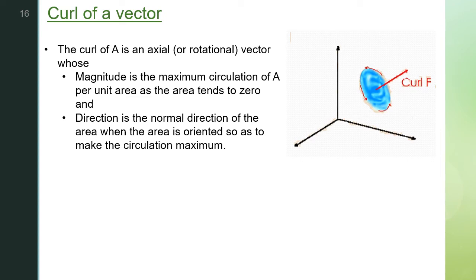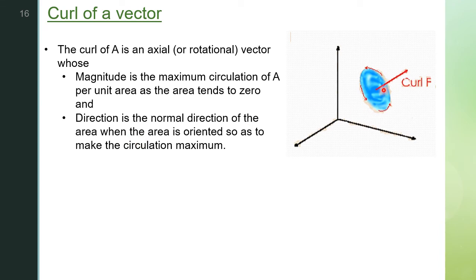If you consider a vector quantity, the amount of rotation is determined by the curl of a vector. So it is also called as a rotational vector, and the magnitude is the maximum circulation of the vector A per unit area, and it will be directed normal to the area.